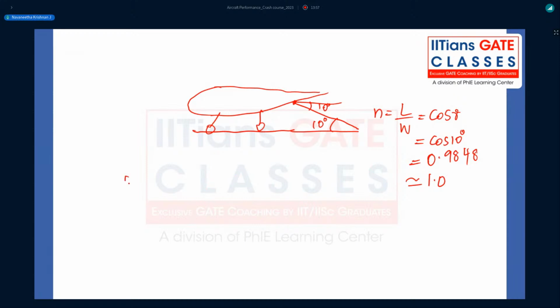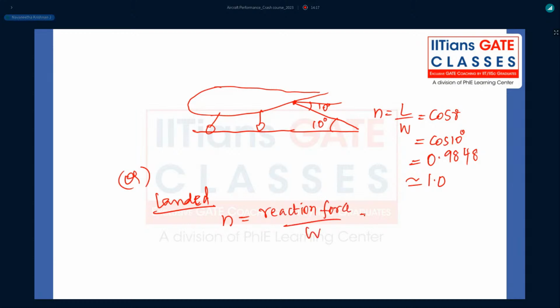Let us assume the aircraft is already landed. For the landed aircraft, the load factor is nothing but reaction force divided by weight. When it is balanced on the ground, the reaction force is also weight.